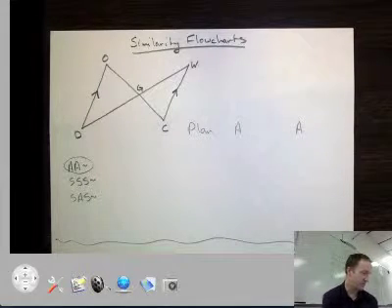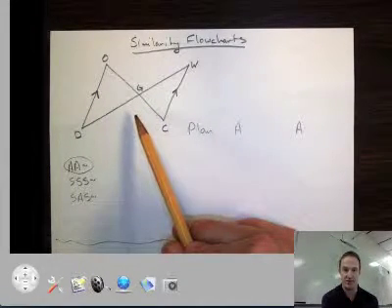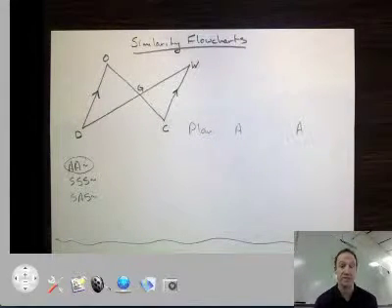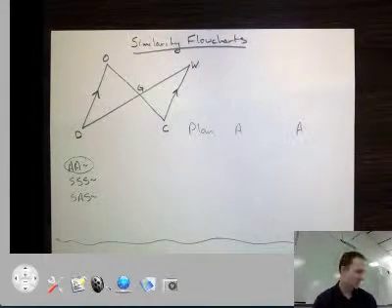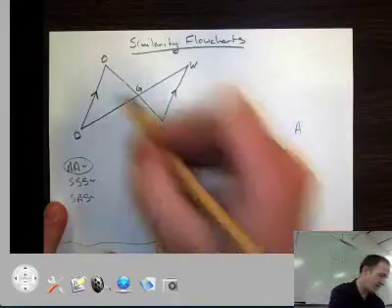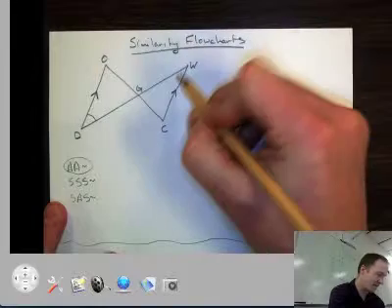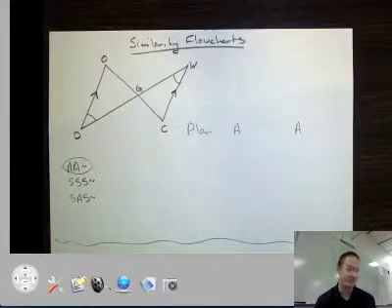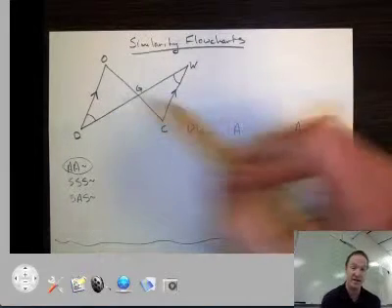Now for angle-angle, we need 2 pairs of angles that are the same. Notice here, we're not told that any of the angles are the same. So if we're going to use angle-angle, there's got to be something that we can figure out here. And we do know that these lines are parallel, and angle D and angle W are alternate interior angles. And we know that if lines are parallel, then alternate interior angles are the same.